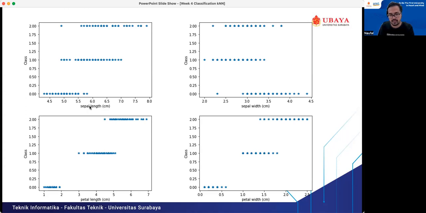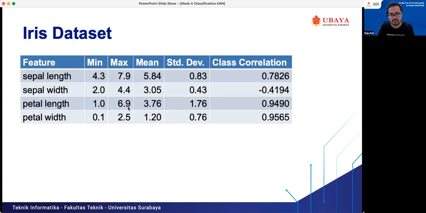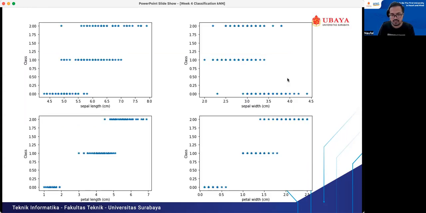Sepal length has a class correlation of 0.7826, so it is directly proportional with the class, because the higher sepal length will make the class also higher. But if we compare with petal length and petal width, they actually have a higher class correlation with the class, right?